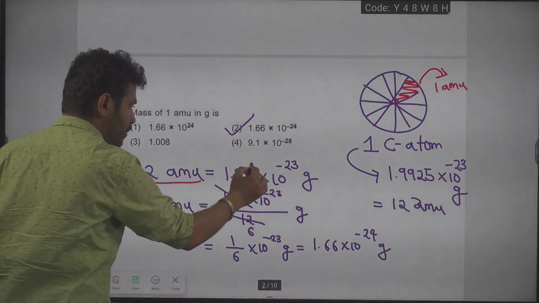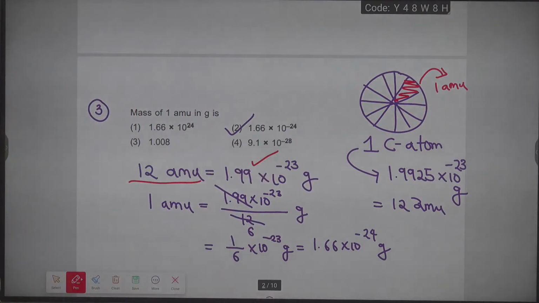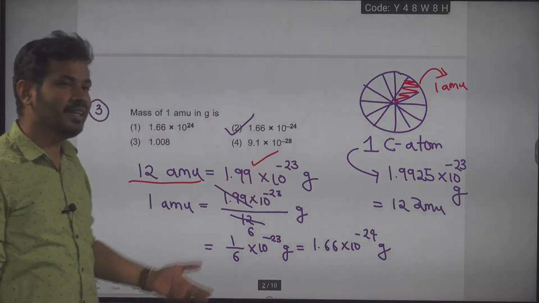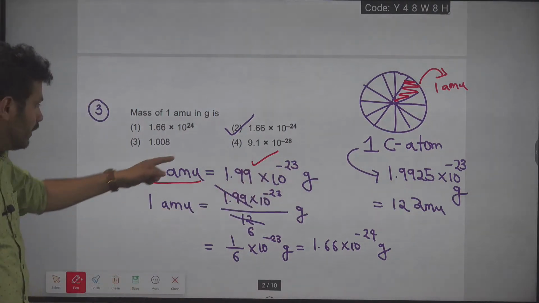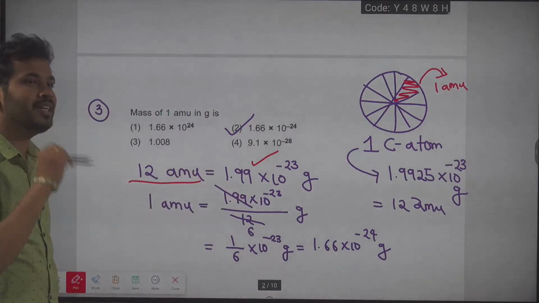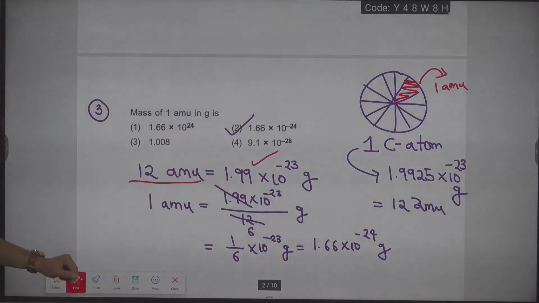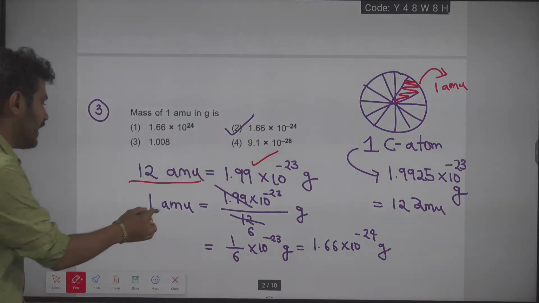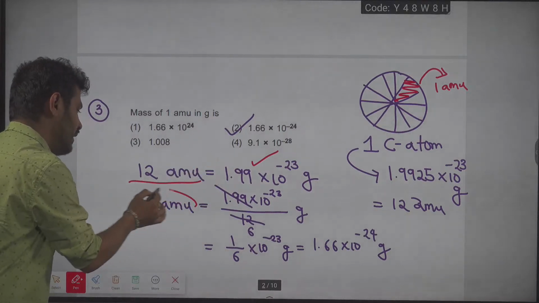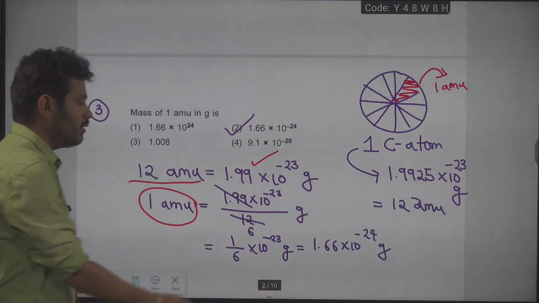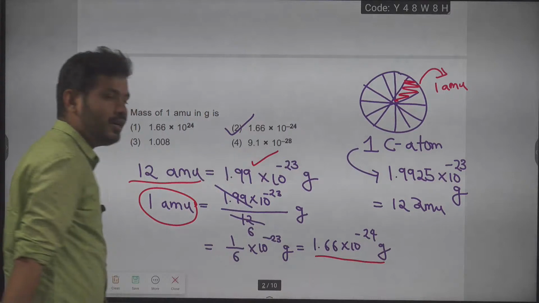And I hope you remember we got this from mass spectrometry. One instrument is there through which we can calculate the mass of a single atom as well. From this we came to know that 12 AMU is this, so 1 AMU will be, this is a simple calculation.